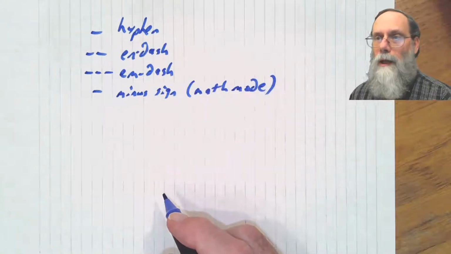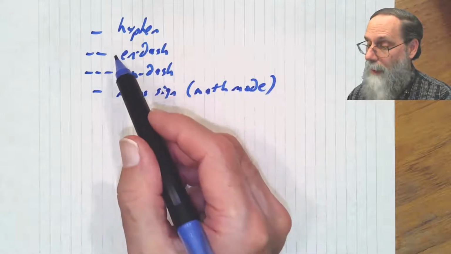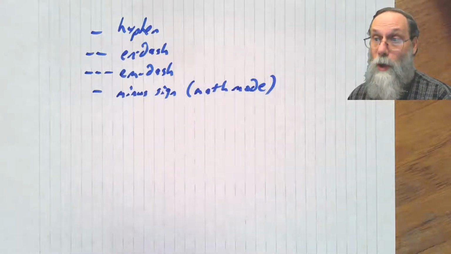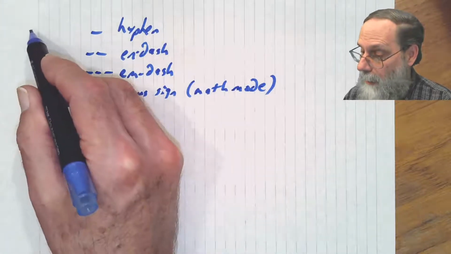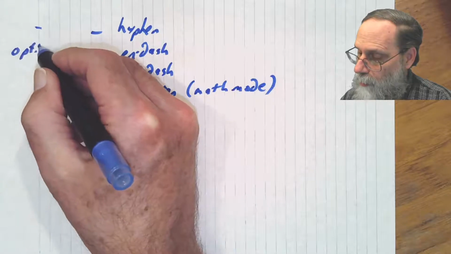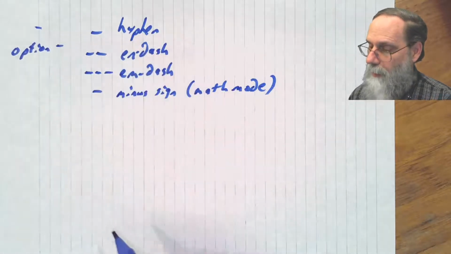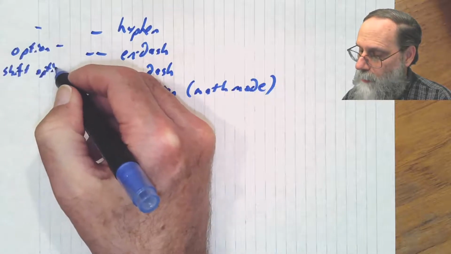Now, if you're on the Mac operating system, you can actually get the hyphen, N-dash and M-dash, which are Unicode characters, directly by typing hyphen, option hyphen, and shift option hyphen.